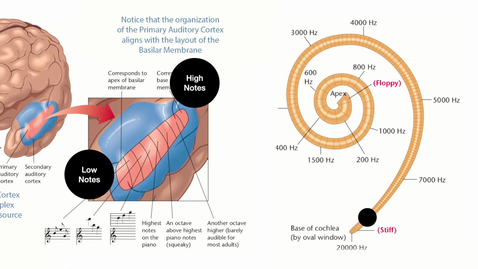There's a direct connection between the notes on the basilar membrane as they're mapped out, the different nerves along the basilar membrane, and the order in which notes are translated into the primary auditory cortex.